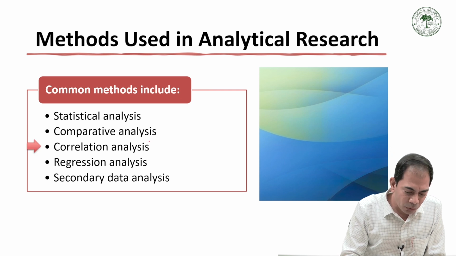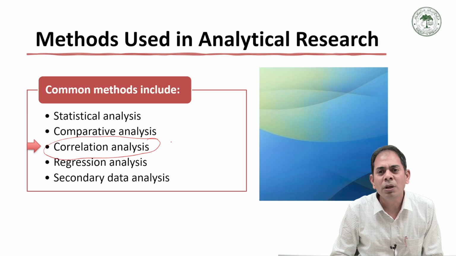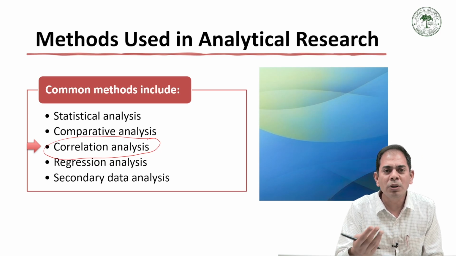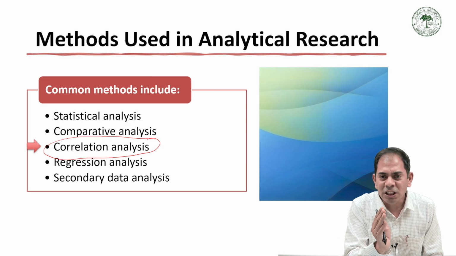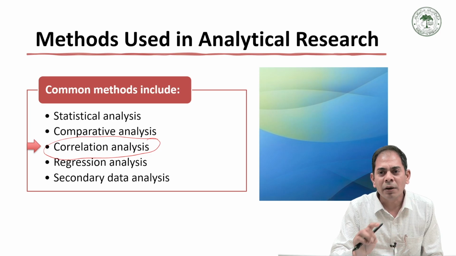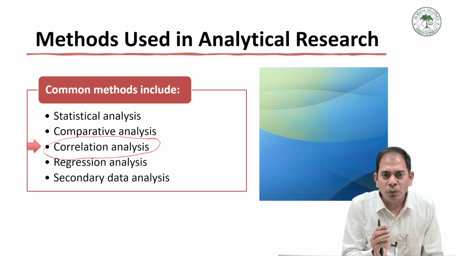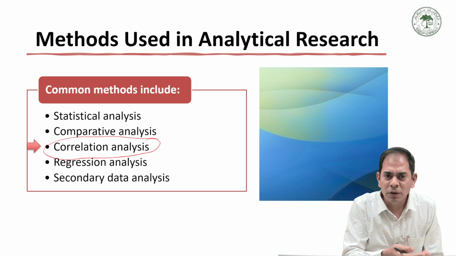Next important thing is correlation studies, in which we find out the relationship between two variables, maybe independent and dependent variables, and how one variable affects the other. It helps the researcher understand whether changes in one variable are related to changes in another variable, yes or no. The correlation may be positive, negative, or zero.